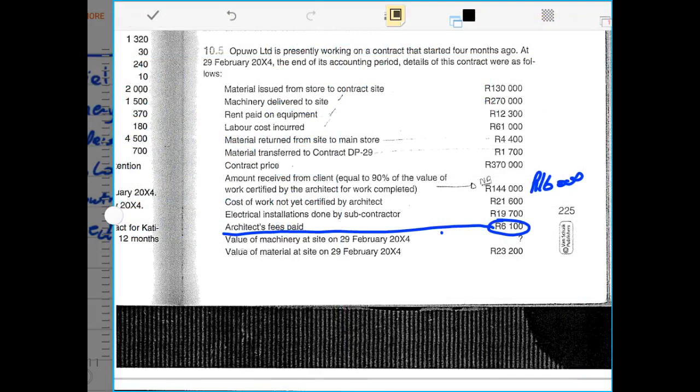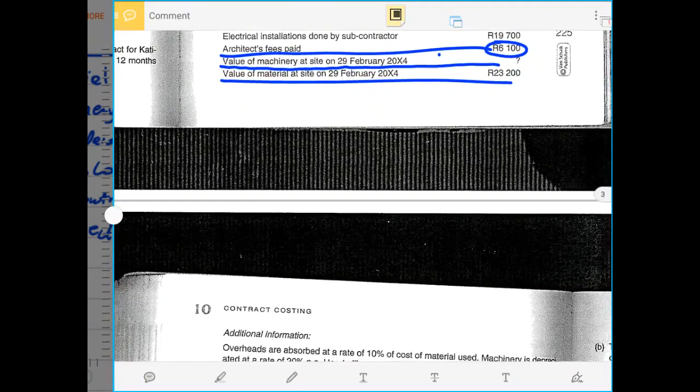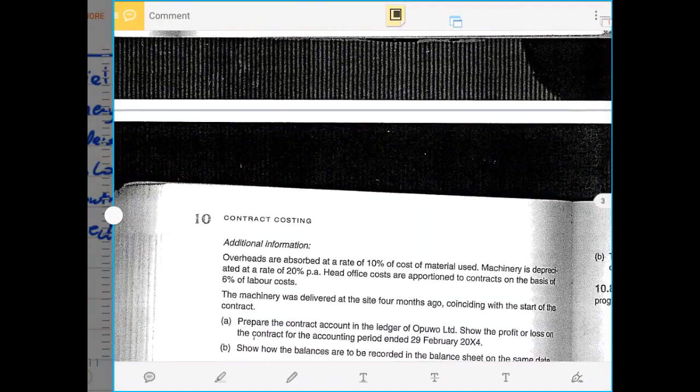We now have to take into account all other costs, and a next cost is this, which says value of machinery on the 28th, value of the material, there's 23,200, and now we'll take that into account.